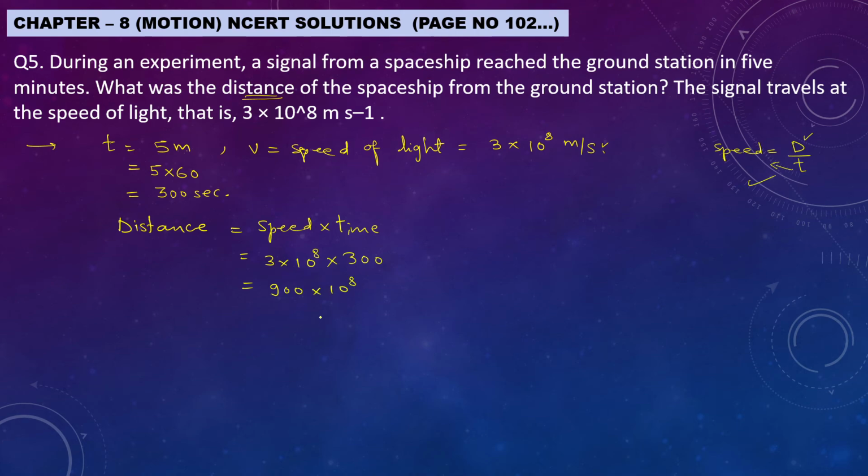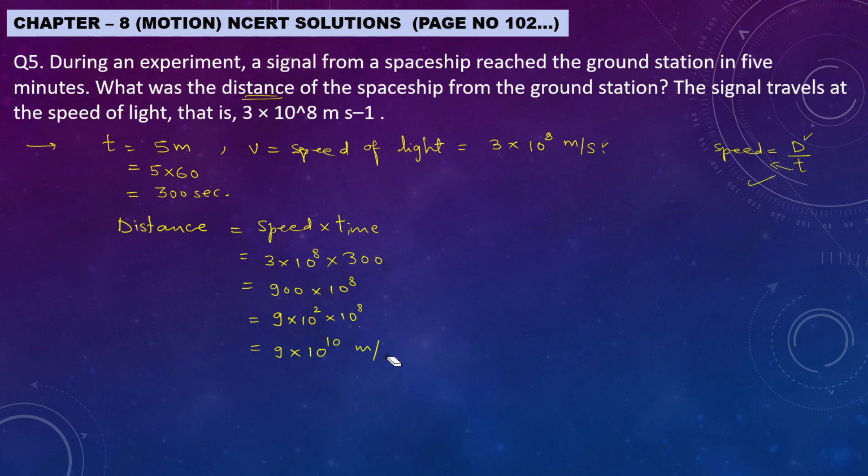Always according to that scientific notation, the zeros you have to collect in the power of 10. So 900 can be written as 10 to the power 2 into 9... and 10 to the power 8. Now you know when base is same, exponents get added. So it becomes 9 into 10 to the power 10 meter.